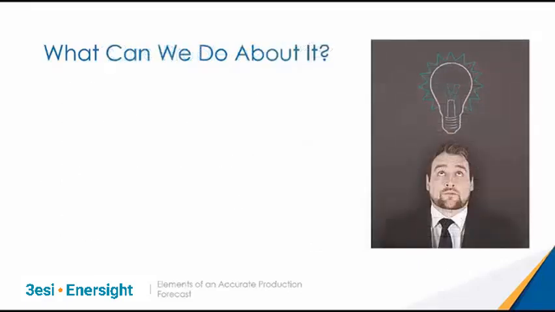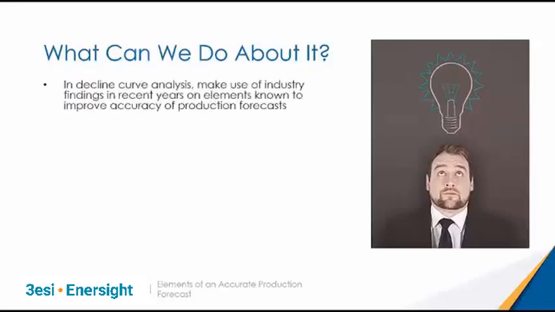Okay, so given that we have a problem that if we don't think it through carefully, we can have inaccuracies, then what can we do about it? There's been a lot of work going on in the old tried and true decline curve analysis business, particularly in the last 10 years as the unconventionals have become so important.